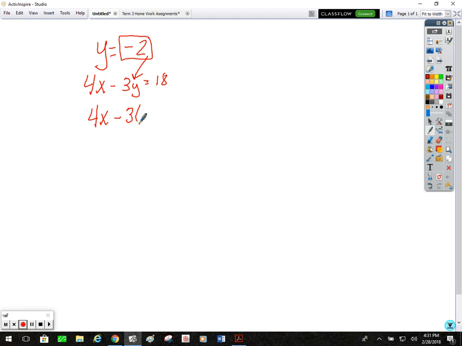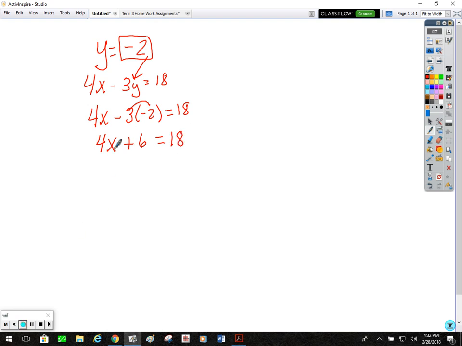So we have -3 times -2, and we substitute it in and finish the rest of the equation. Now remember my three verbs: distribute, combine, divide. So we can distribute right here. I have 4x, and -3 times -2 is a positive 6, equals 18.